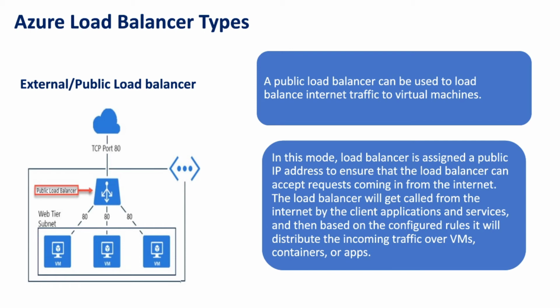The load balancer gets called from the internet by a client application or software like Google Chrome or Microsoft Edge, which we use to access web applications. Then, based on the configured rule, it distributes the incoming traffic over virtual machines, which could be applications or containers. That's how a public load balancer works.